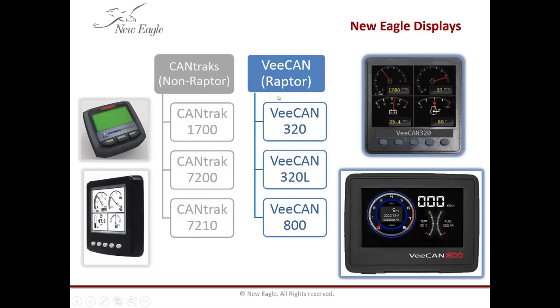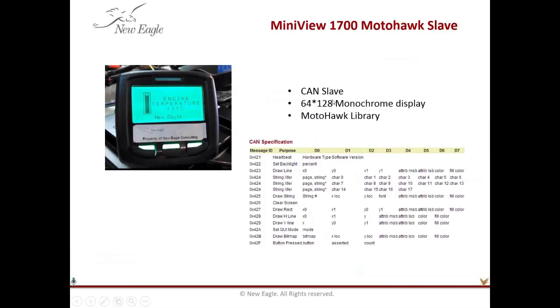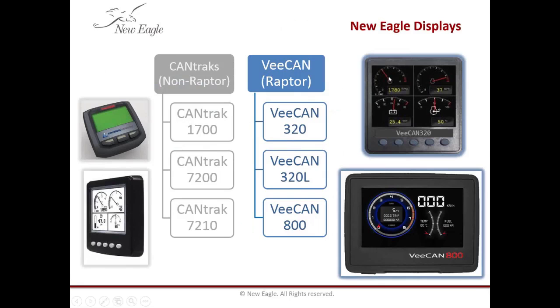Whereas the VCAN lines, these are color displays, and they range in customization from Raptor, so you can do a full Raptor loadout with super customization, CAN, everything, and then we also have a CAN slave library as well for the VCAN 320.